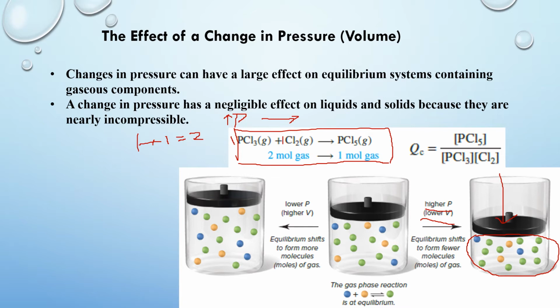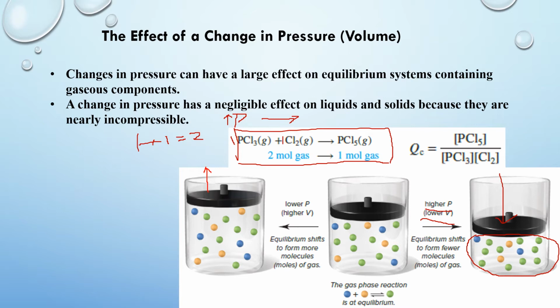So if we lower the pressure by lifting the piston, we are increasing the volume for these gas molecules. Now they have more space, so the equilibrium is going to shift to form more molecules.